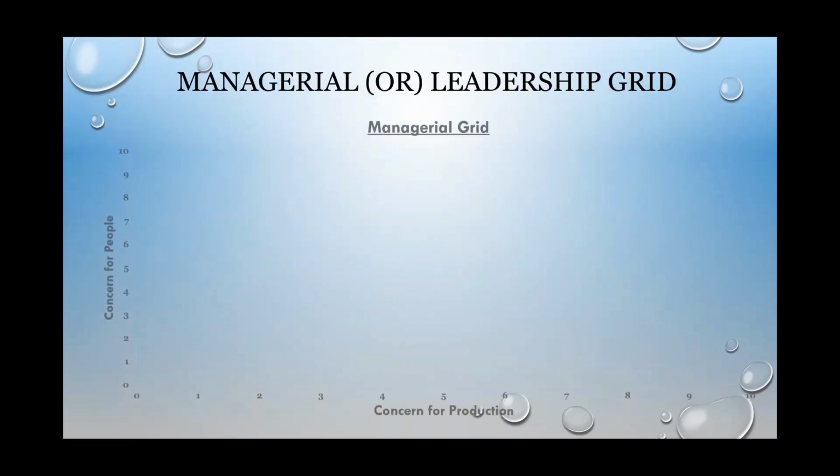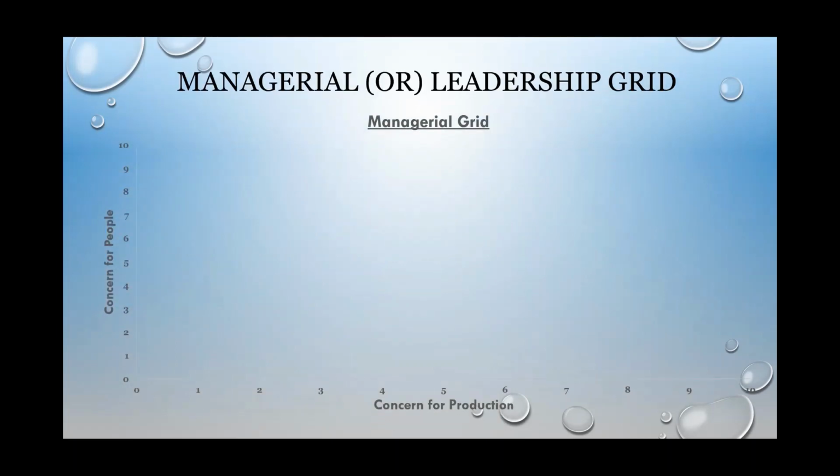The managerial grid focuses on these two areas. The x-axis consists of concern for production, where the leader is concerned towards manufacturing or completion of the task, and the y-axis talks about concern for people, whether the leader is concerned about the well-being of their followers or not.